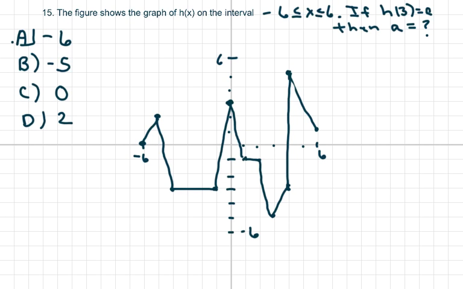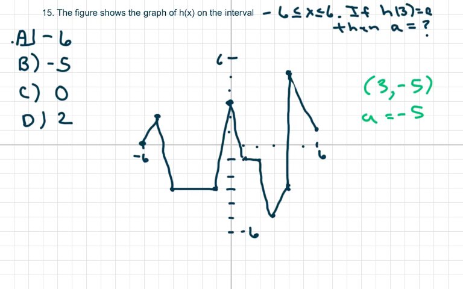Next, we have the same kind of thing. It says if h of 3 is A, then A is actually the y coordinate. So if we look on that, we know that when x is 3, we have 3, comma, negative 5. So A equals negative 5.